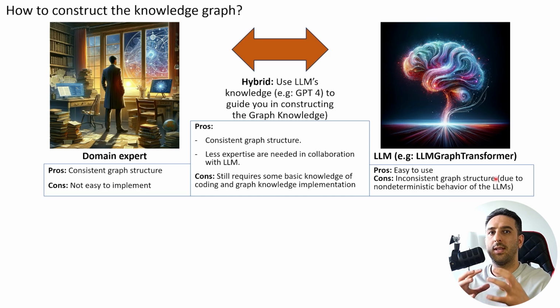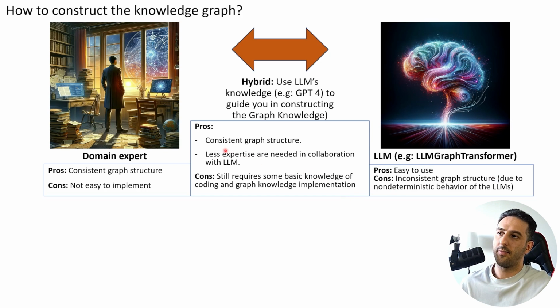Again, the whole point is to have that consistency. So the pros of using a hybrid method are a consistent graph structure, and you would need less expertise to build that structure, because now you're consulting with a large language model. The con is that it still requires some basic knowledge of coding and graph knowledge implementation.